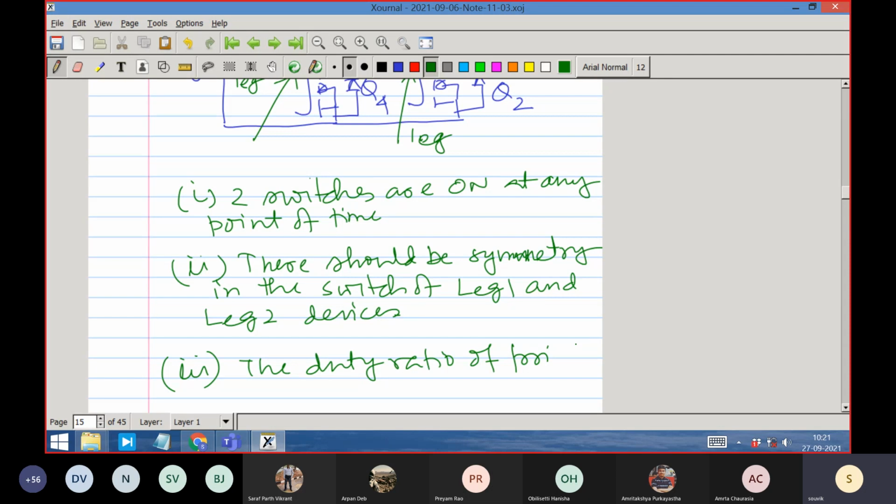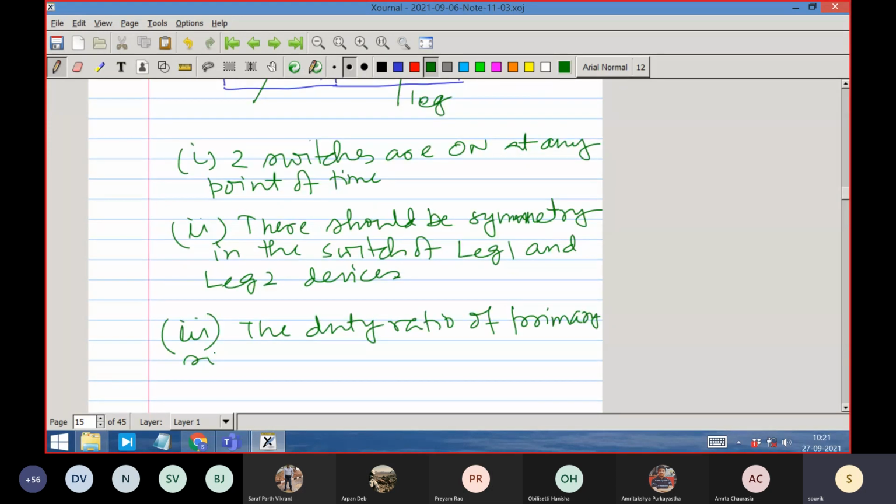So far the duty ratio of the switches was equal to the duty ratio of the buck converter. But I am now bringing out a new concept. The duty ratio of the primary side devices is always 0.5. This is a beautiful simplification.